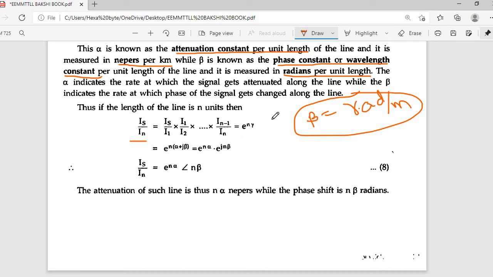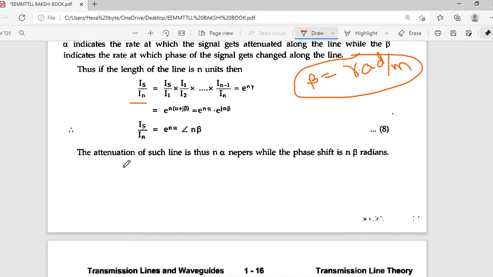So e power n gamma, where gamma is equal to alpha plus j beta. Then we can write it as a multiplication: IS by IN is equal to e power n alpha at an angle of n beta. So the attenuation of such a line is n alpha Nepers, while the phase shift is n beta radians.